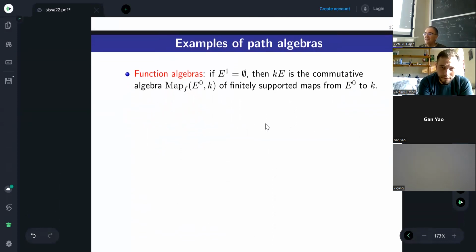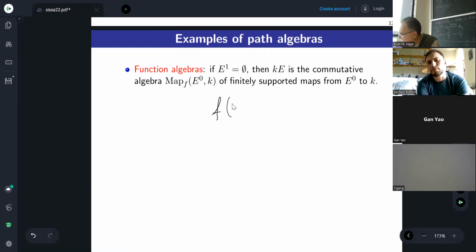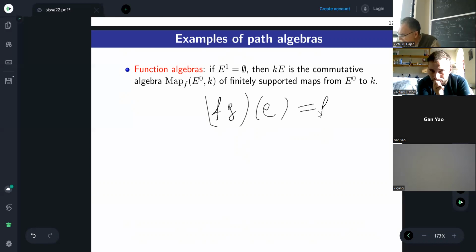So function algebras. If you have no edges whatsoever, then KE is the commutative algebra of finitely supported maps from E0 to K. And you multiply just as I said: fg of e is equal to f of e times g of e.